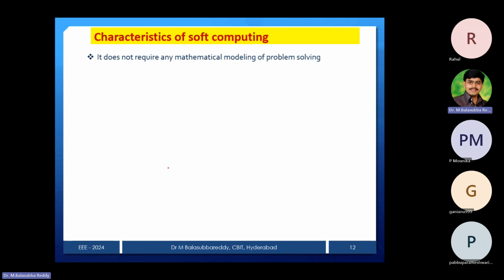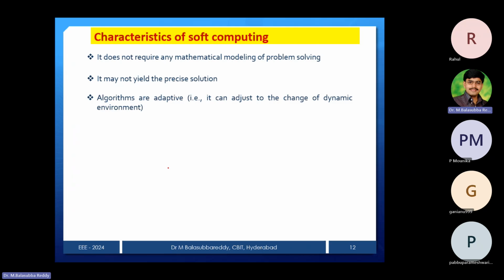Now the characteristics of soft computing. It does not require any mathematical modeling of the problem solving, whereas in hard computing we require that. It may not yield a precise solution, and algorithms are adaptive, that means they adjust to changes in a dynamic environment.